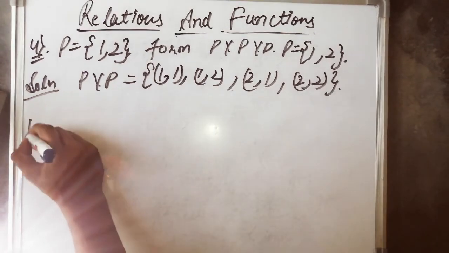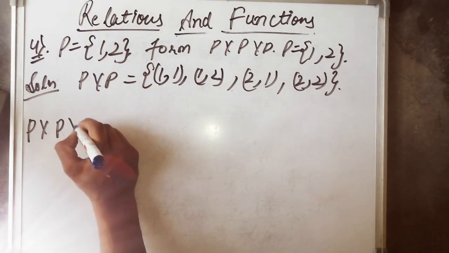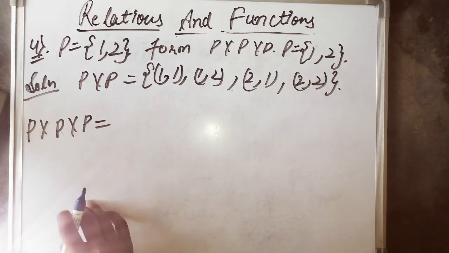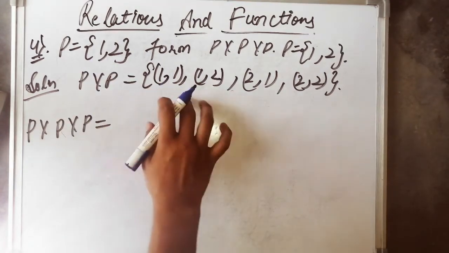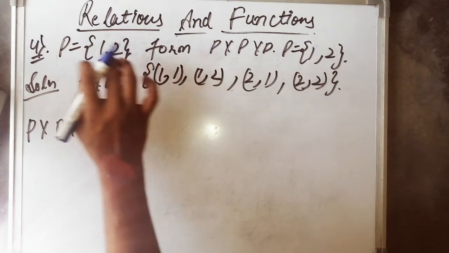Now we need to find out P cross P cross P, which is the multiplication of the P cross P elements with the P set.